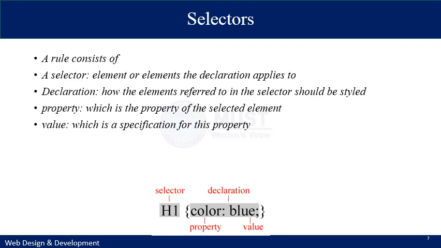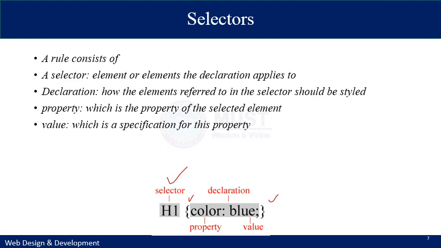It specifies the element or multiple elements that the declaration will apply to. And then we lead to the declaration part, which is specified by curly braces, and it has a number of declarations. Declarations specify how the elements referred to by a selector should be styled.